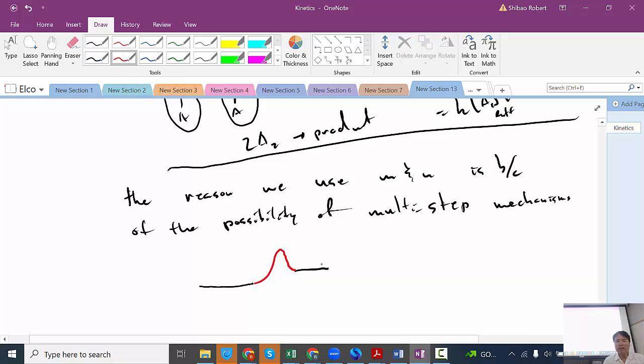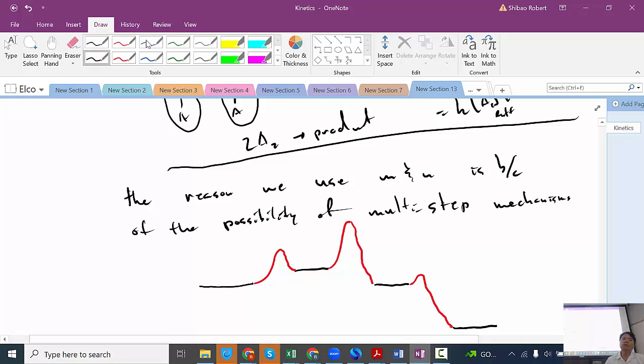And then we have another collision, boom, here. And this one drops down into another intermediate product here. And then we might have another collision here, boom. And then finally we drop down to product here.